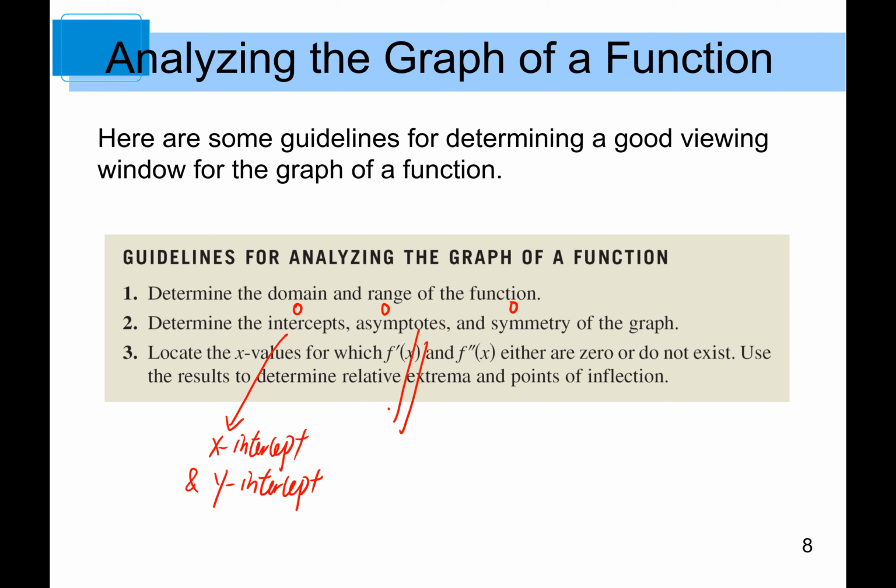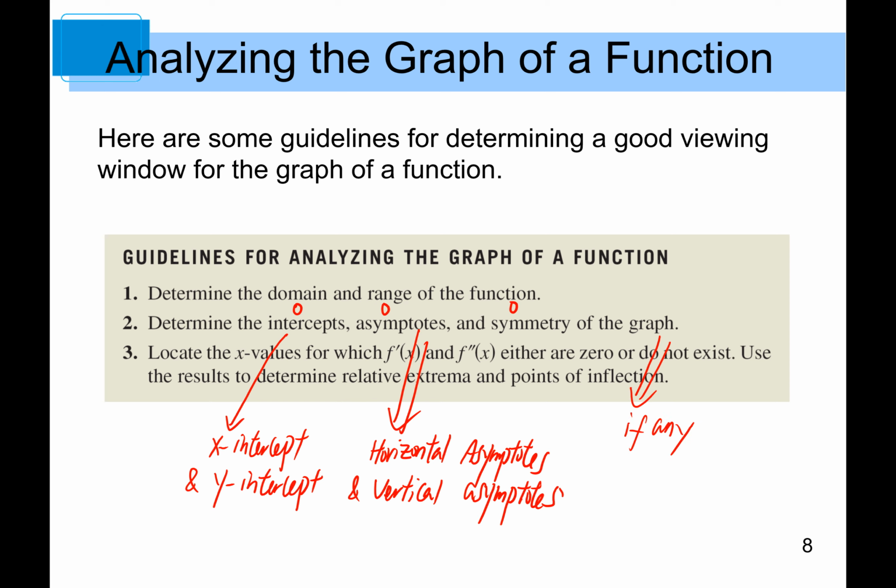Asymptotes, the two types of asymptote, horizontal asymptote and vertical asymptote. And also the symmetry of the graph, if any, right?